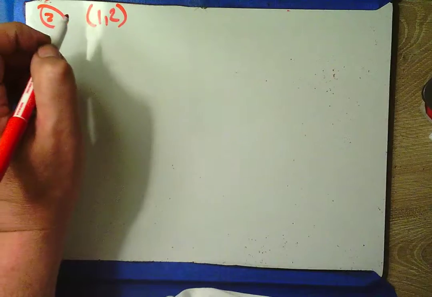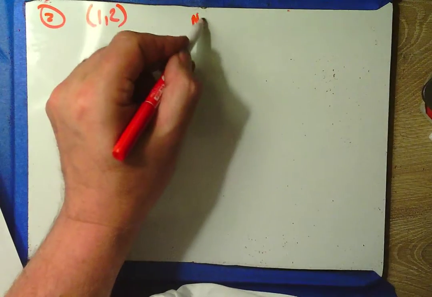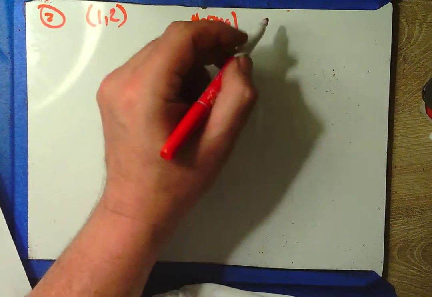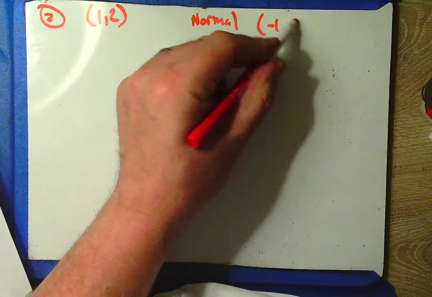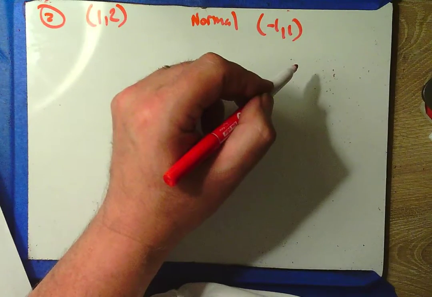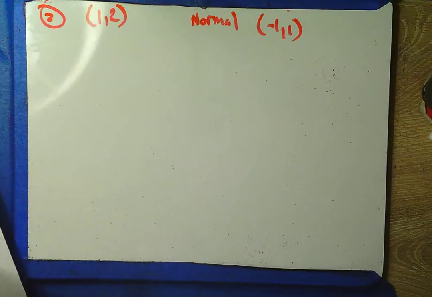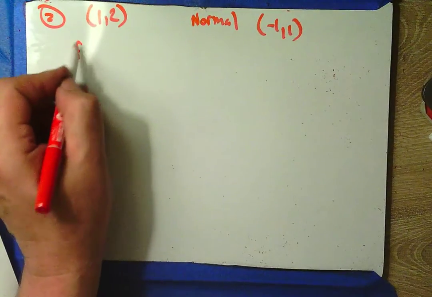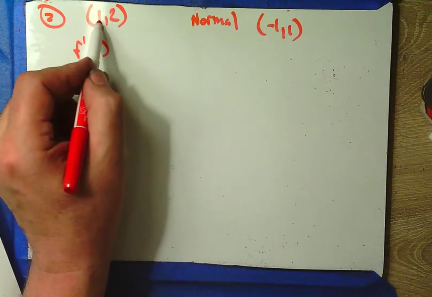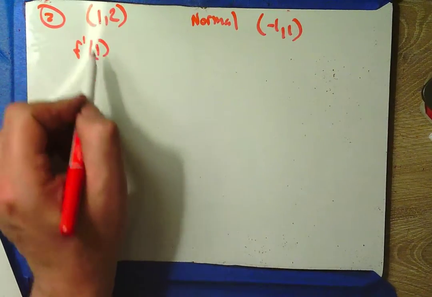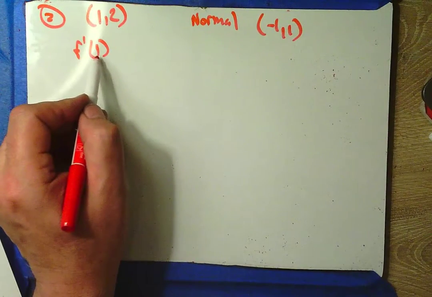So there's the point of tangency that I want to build this normal at. Also passes through the point -1, 1. Which of the following could be f prime of 1? F prime of 1. Oh, so at the point of tangency, they'd like to know the slope.